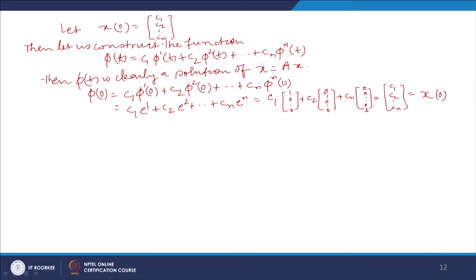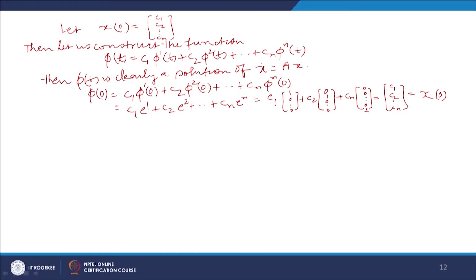So, now what do we notice? We see that phi t is a solution of x dot equal to Ax. x t is also a solution of x dot equal to Ax, and phi 0 and x0 are the same. Phi 0 matches with x at t equal to 0.